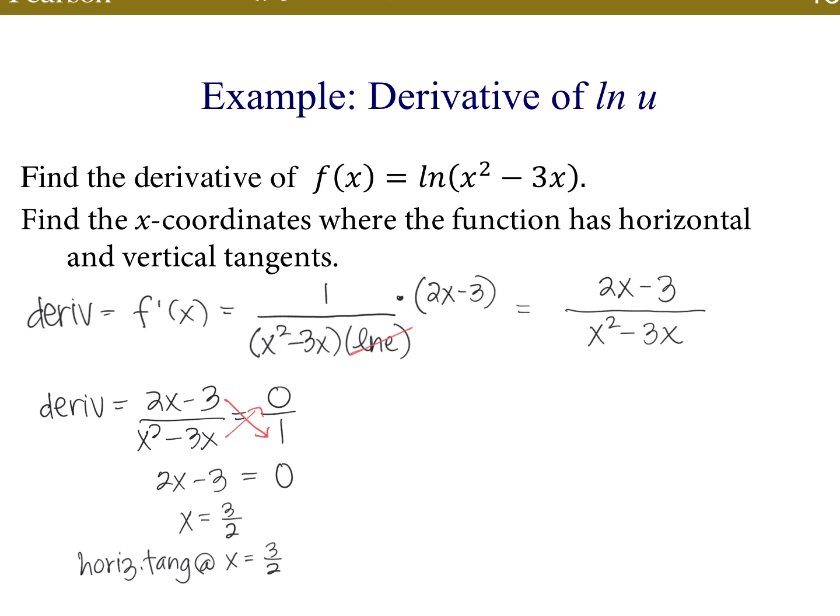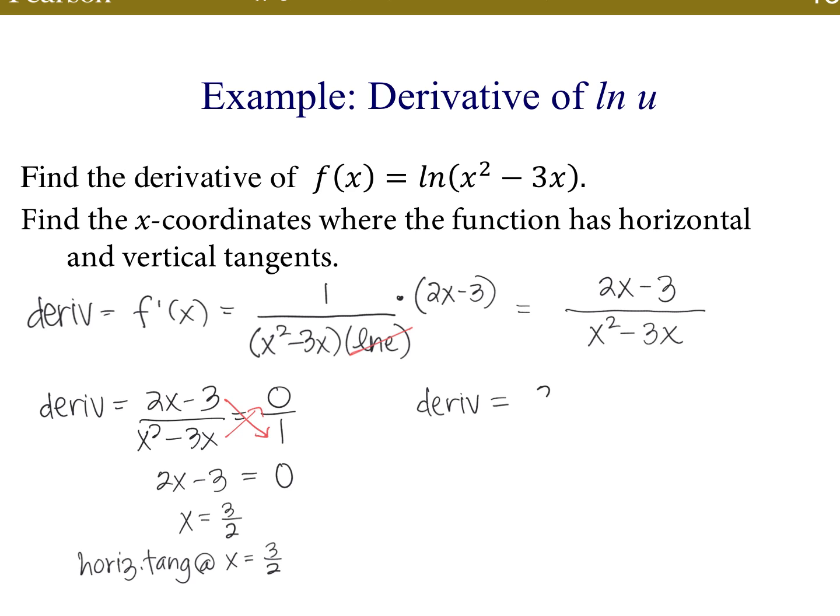But there's more to the question. The question wants to know, where would you have vertical tangents? So I have to start back over with my derivative. If my tangent is going to be vertical, what kind of slope does that have? Infinite slope. How do you write infinite or undefined slope? 1 over 0.